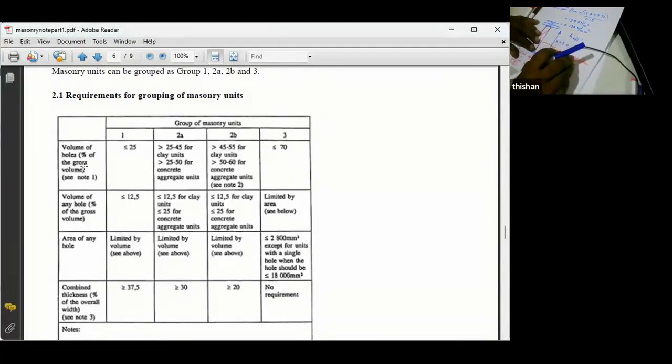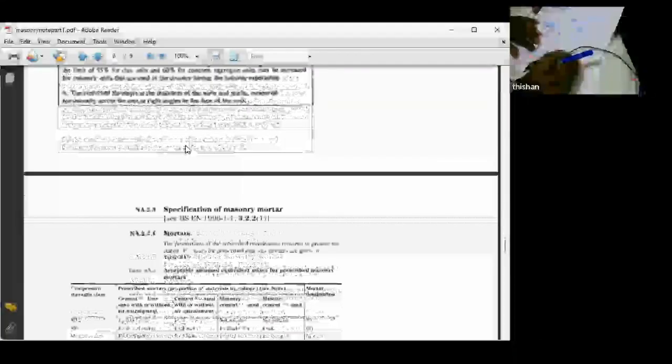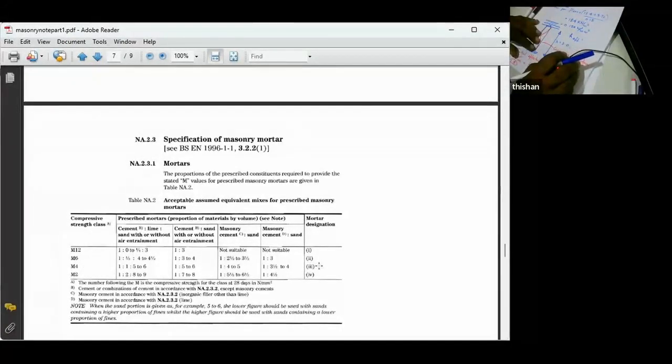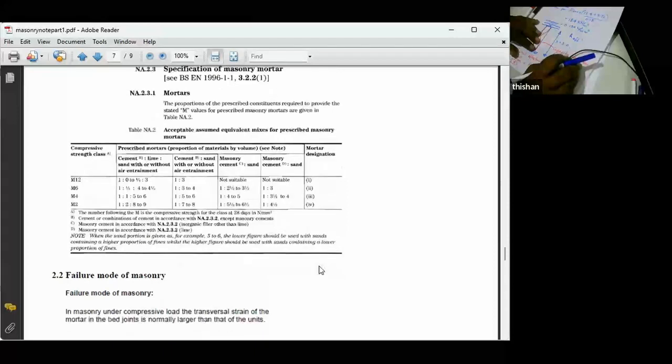So we may be in this category. So we are type 2A blocks. And the mortar that we use is M4 mortar, giving a strength of 4 newtons per millimeter squared at 28 days.